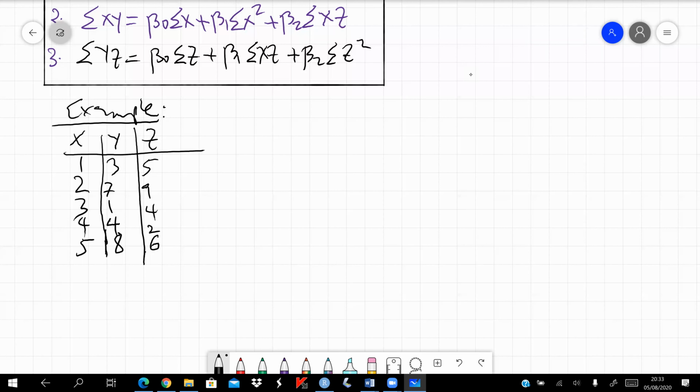All right, so suppose I want to regress X on Y and Z. I've changed. In the example up above, I was regressing Y on the others, so now I want to regress X on the other variables.